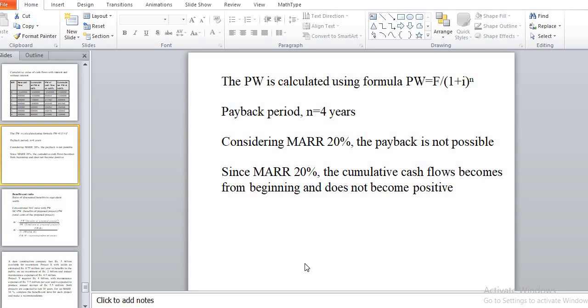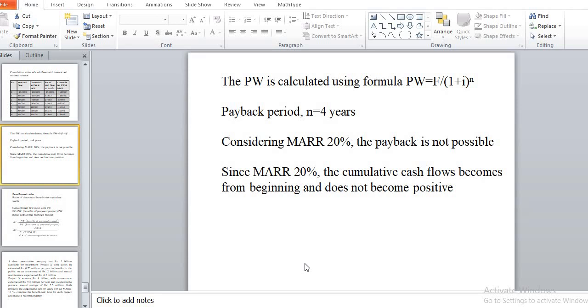So maybe in the present worth method, annual worth method, future worth method, internal rate of return method, or external rate of return method, whatever interest rate we obtain, we compare with the MARR value. So with the minimum attractive rate of return value, we compare this interest rate, and then we can say whether it is economical or not economical.